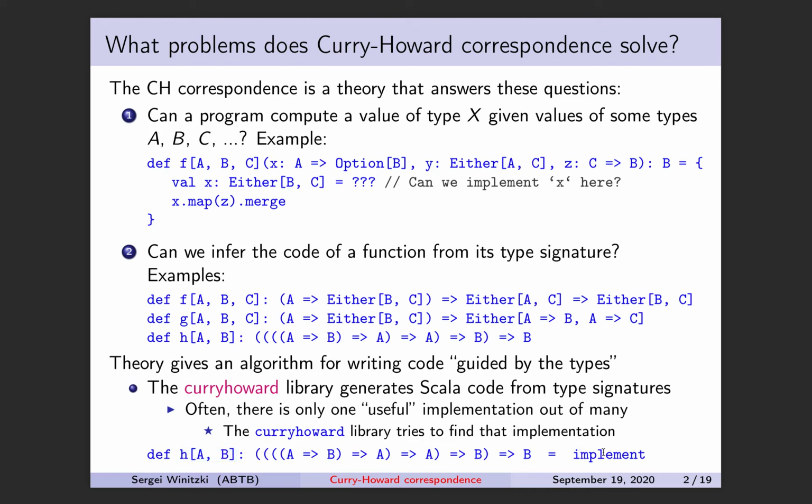So implement is a macro which will examine the type signature on the left-hand side and try to write the code and compile that code of this type signature. Sometimes there is no code that fits the type signature. Sometimes there's more than one implementation. The library tries to be smart about it and find a useful implementation. So these are the problems that the Curry-Howard correspondence solves.